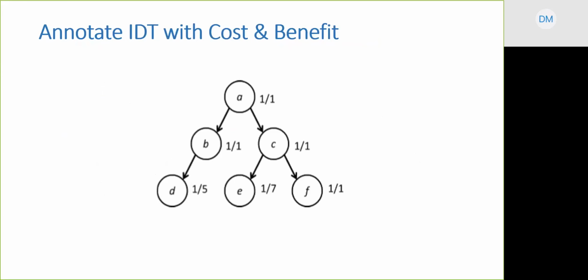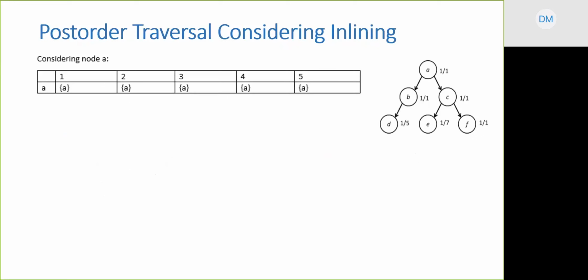And for a given budget, we wish to pick the most optimal subset that we can to inline. So this is a dynamic programming algorithm. It works with a table. It considers the nodes in the IDT in a post-order traversal from lowest benefit to highest benefit at the same level, right?